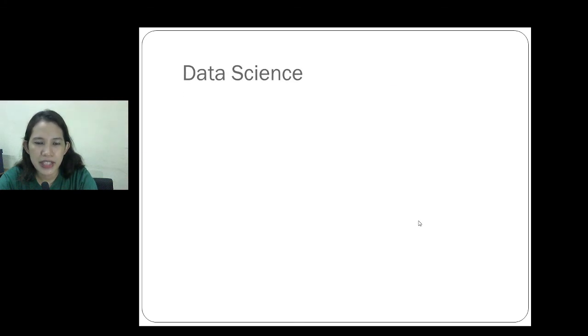Next, we have data science. The ubiquity, size, value, and importance of big data has given rise to a new profession, which is called the data scientist. Data science is a mix of skills in the areas of statistics, machine learning, mathematics, programming, business, and IT.